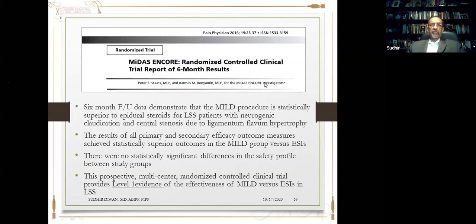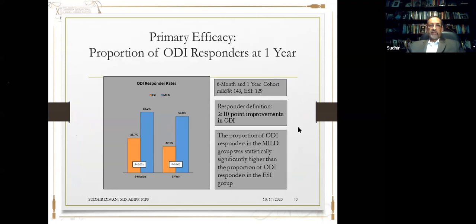The MILD and MiDAS ENCORE study is a very famous study. They looked at the 6 month and 1 year results after the procedure. It's a randomized controlled trial compared with epidural steroids. If you look here, the orange is the epidural steroid and the blue is MILD.